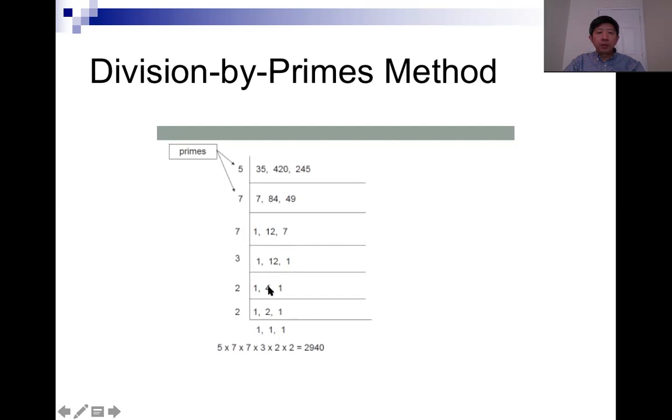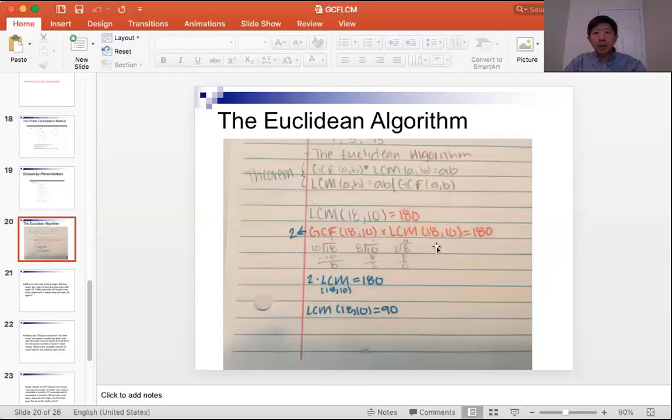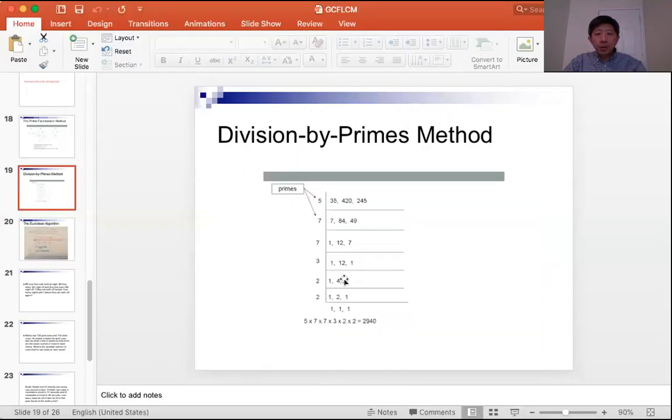Then 4 divided by 2, we got 2. 2 divided by 2, got a 1. If you see the numbers on the outside here, 5 times 7 times 7 times 3 times 2 times 2, this will be the LCM, okay?